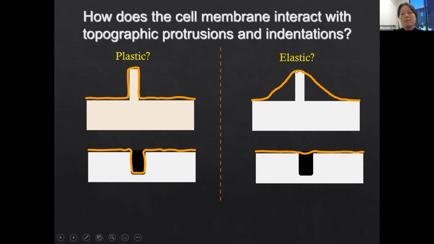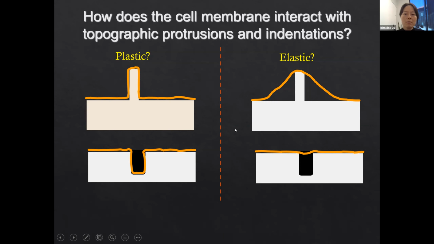And because the cell membrane is not just lipid, it also has a layer of actin cortex, that gives it a certain strength and tension. So some modeling considers the cell membrane as an elastic material. If it's elastic, it could form a tent on nanopillars or a tent on nanopores.